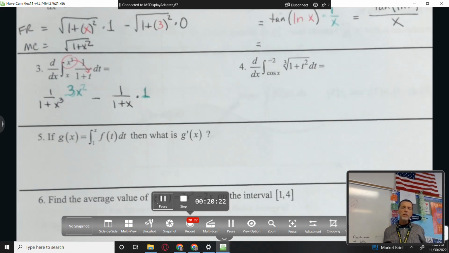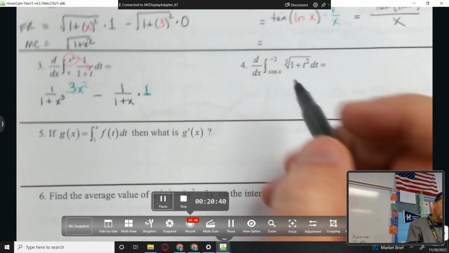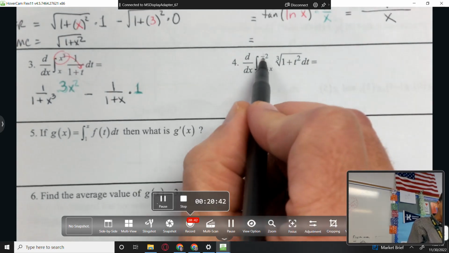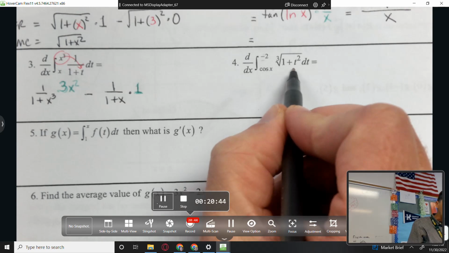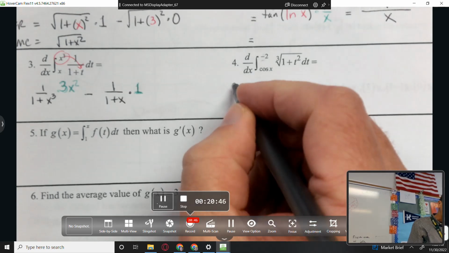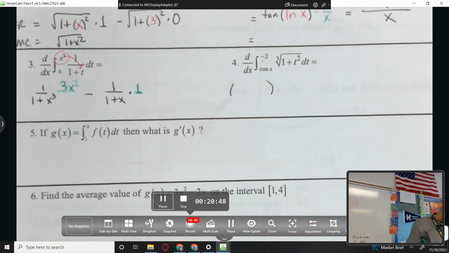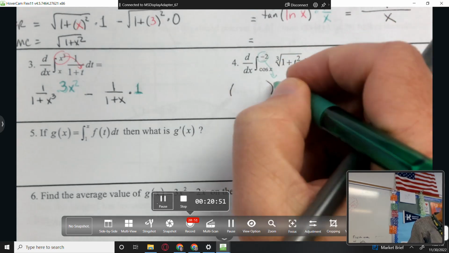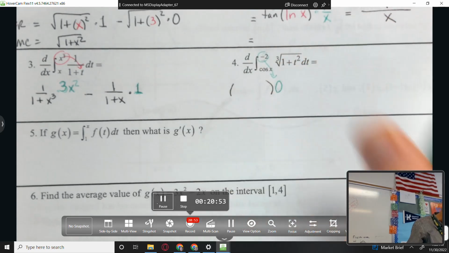Number 4. We hadn't done one like number 4. Thoughts on what's going on with number 4? We're going to get to skip something because there's a constant. I feel like you just do the same thing. It's going to end up a little bit backwards because I could plug in 2, but I don't really need to bother with that. Because what's the derivative of negative 2? It's 0.